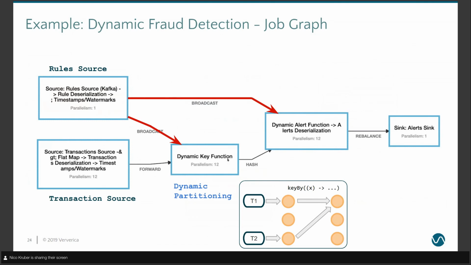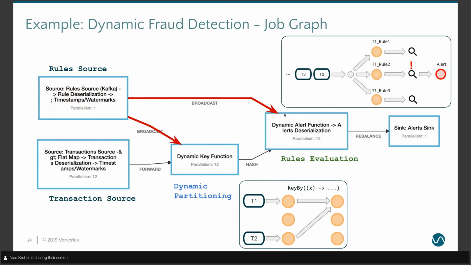So we don't have to be fixed in how we wire things up on this level. And then eventually we do the evaluation of the rules, and this can also be dynamic. It can be a state machine that is running inside, it could be a machine learning model that is being served, or anything like this. And eventually you might find your alert and would then just put it out there.